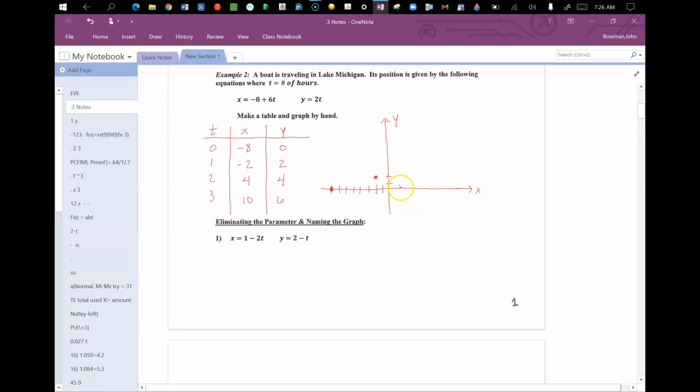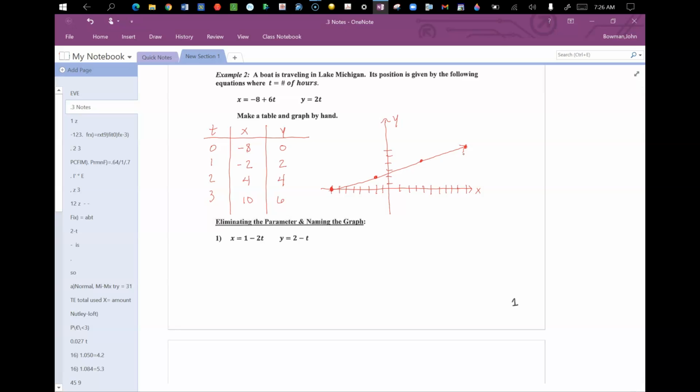At time 2, the boat is at (4, 4). And at time 3, the boat is at (10, 6). And if you were to connect these points, you would see that it appears the boat is moving in a linear fashion.